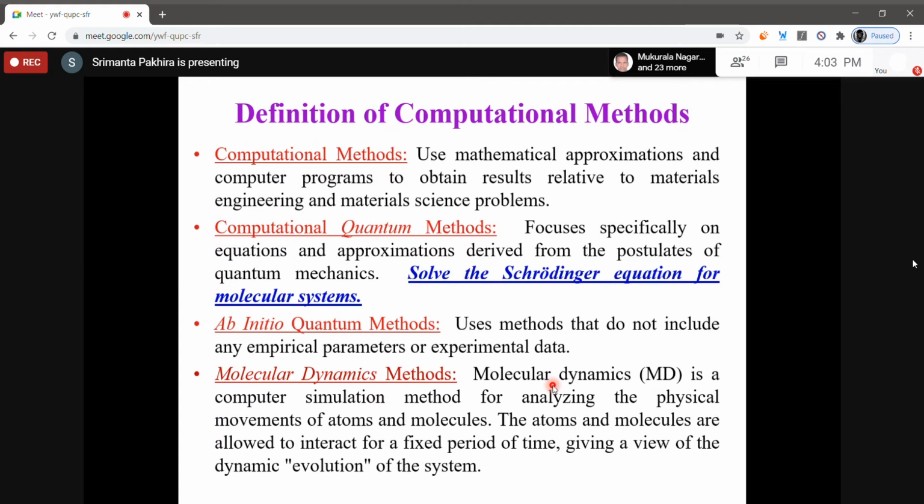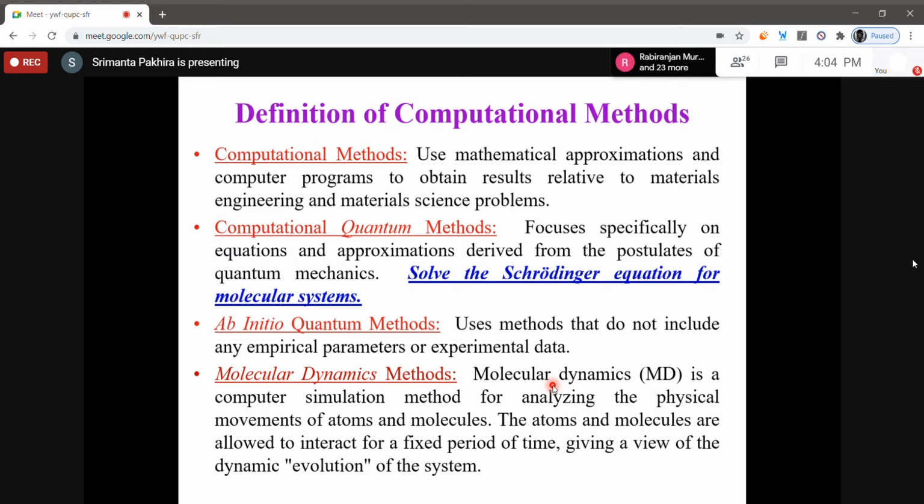Similarly here, when we want to solve molecular properties or material properties, we will solve the Schrodinger equations. That is the computational quantum method, where we apply quantum mechanics, and that's why it is highlighted in blue. We will try to solve the Schrodinger equation for molecular systems as well as material systems.